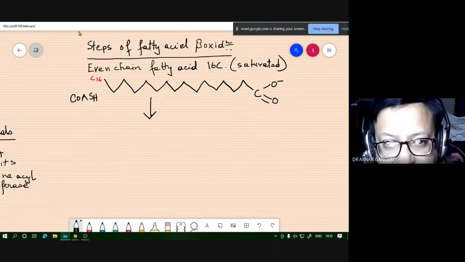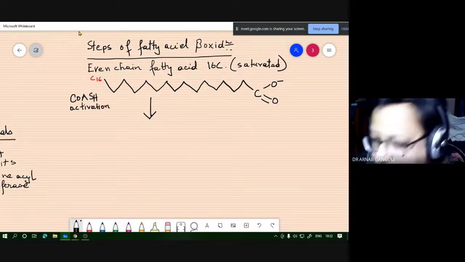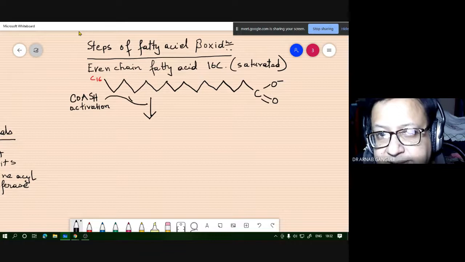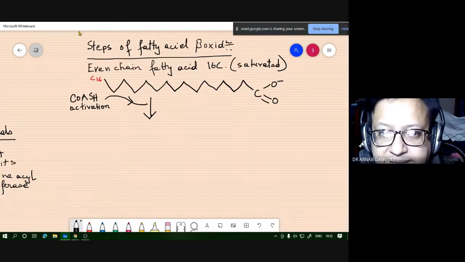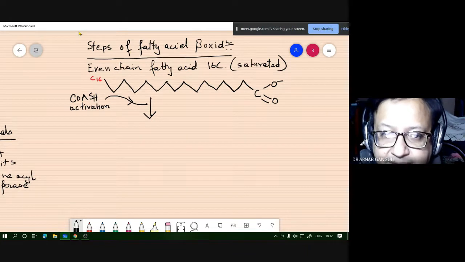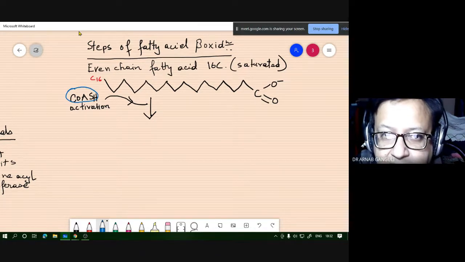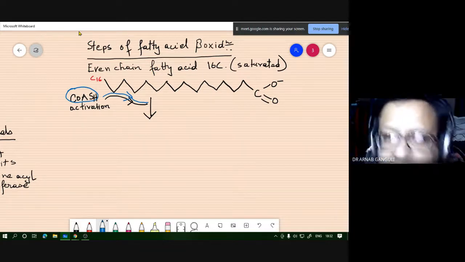First step is CoASH activation. So always you'll have a CoASH coming in. The CoASH enters.